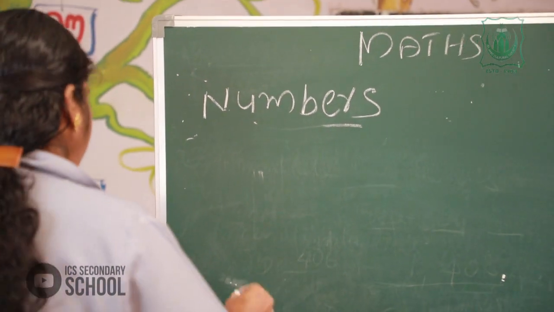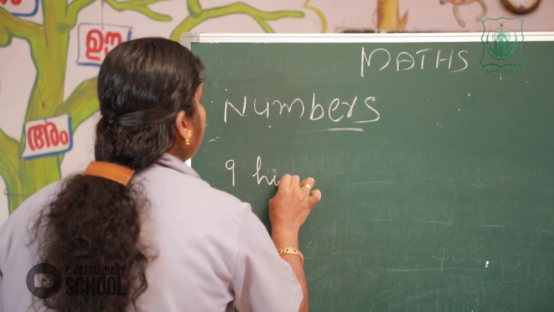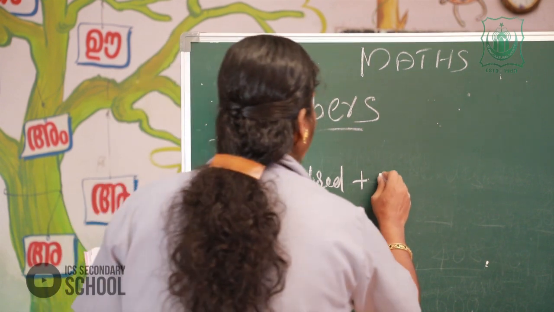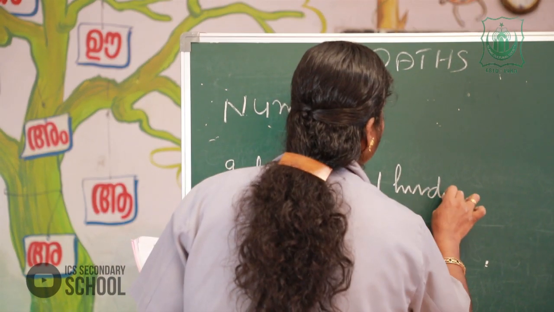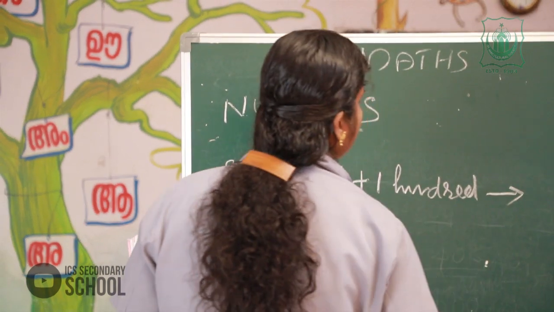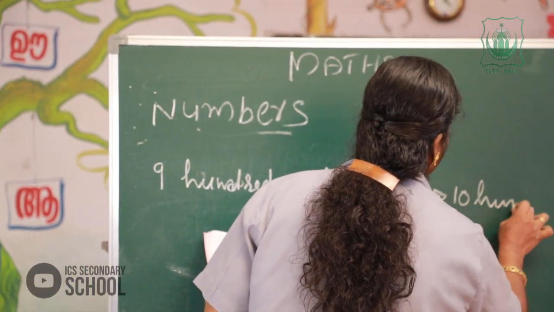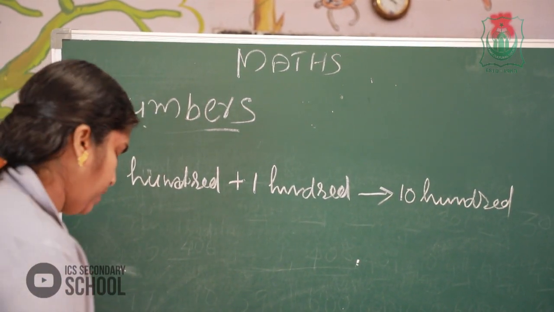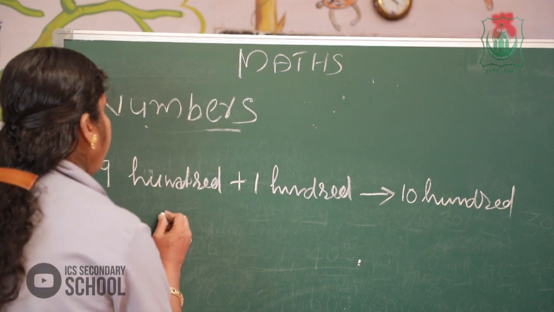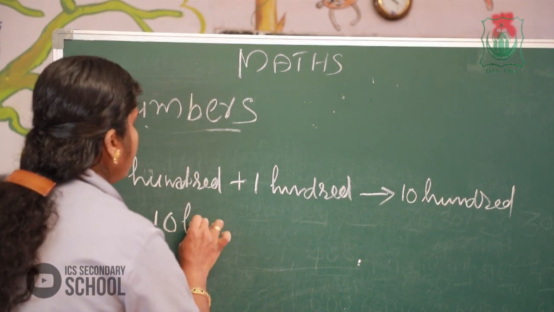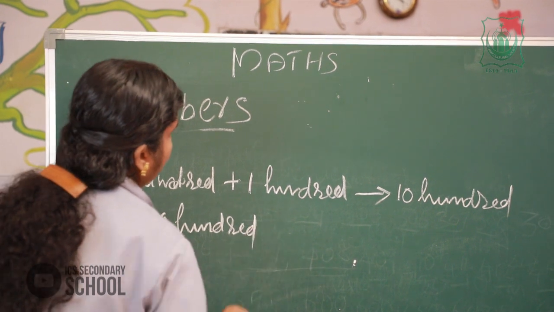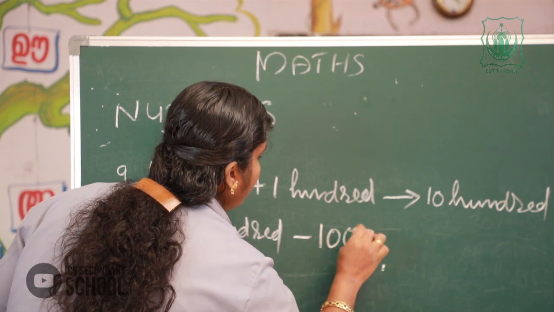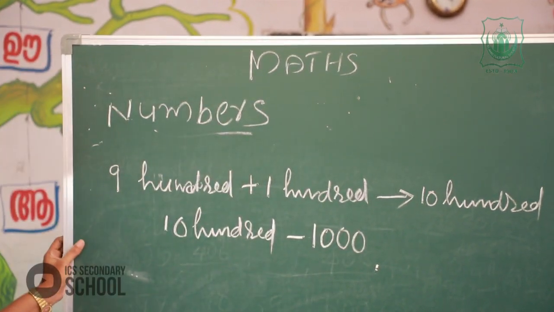We write 900 plus 100 gets 1000. We write 1000: 1, 0, 0, 0. How many zeros are in 1000? 3 zeros.